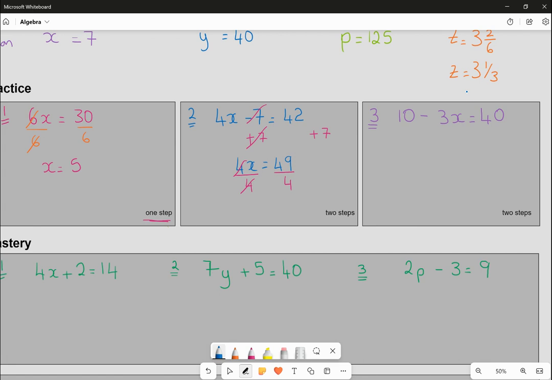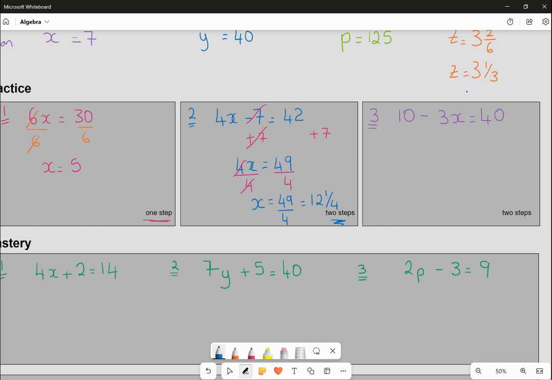So now we're left with 1x, which is equal to 49 over 4. And again, that's an improper fraction. We can write it as a mixed number. 4 into 49, or 4 into 48 goes 12 times, with 1 left over. And that's clearly a two-step problem. Let's have a look at the next one.